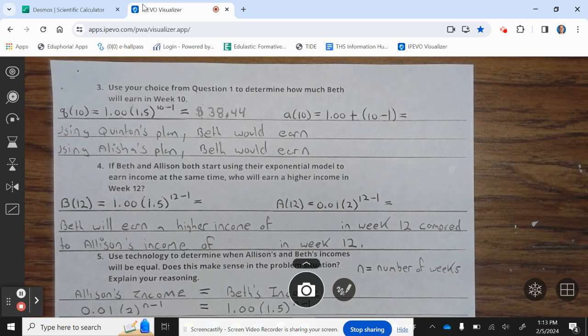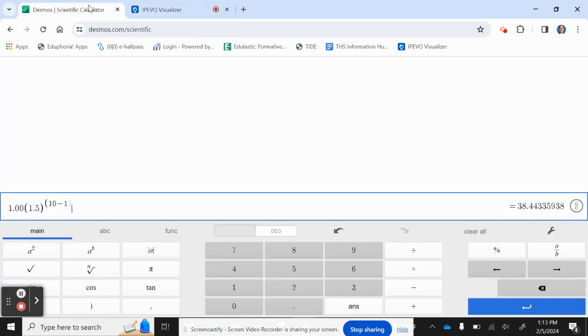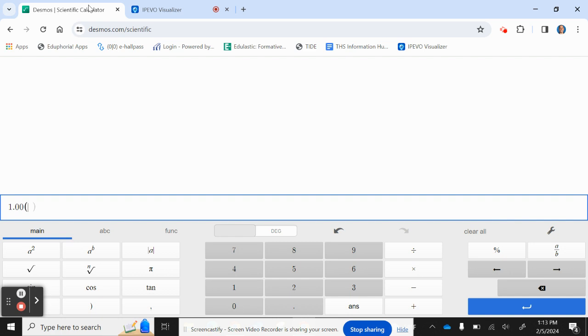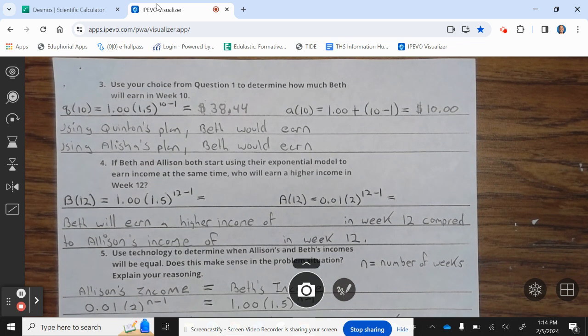Now let's take a look at Alicia's plan. All right, using Alicia's plan, she would make $10.